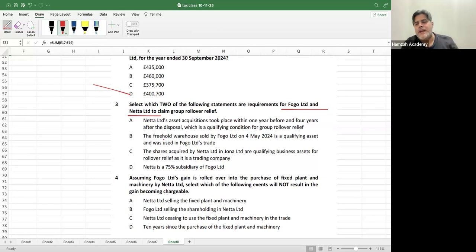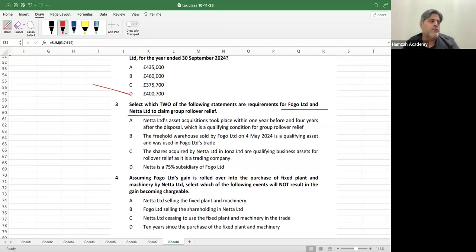As far as the asset acquisition is concerned, it is the 3 years after the disposal that we have to have over here. And obviously, a 75% group relationship is required as well.